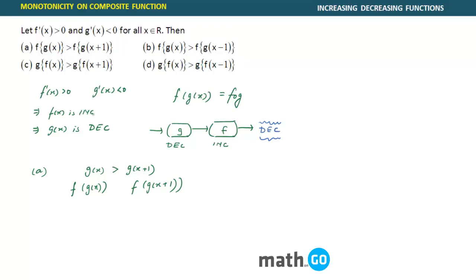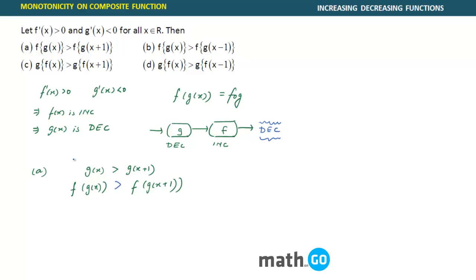Since f is an increasing function, for a larger input it will return a larger answer. So what sign will you put? This particular sign, because the input of f, g(x), is greater than this input, so the value of f will also be greater.